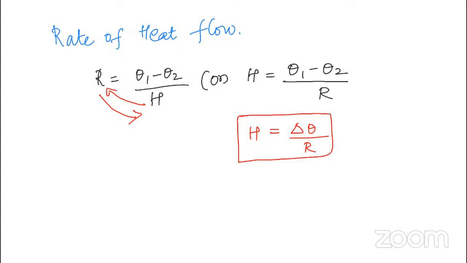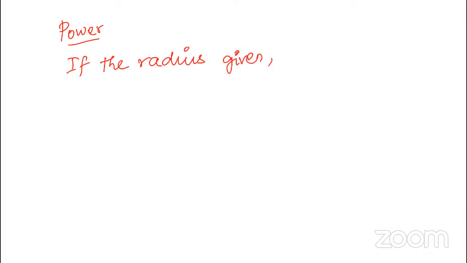Next, power. Power. Suppose the radius கொடுத்துட்டு they are asking the power value அப்படின்னா, if the radius value is given, we are using the formula that is P is equal to A into sigma into T power of 4. Okay.